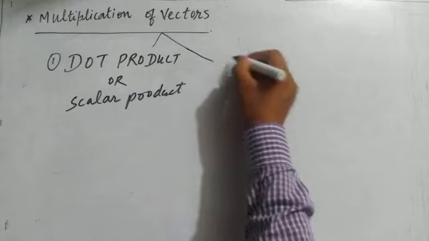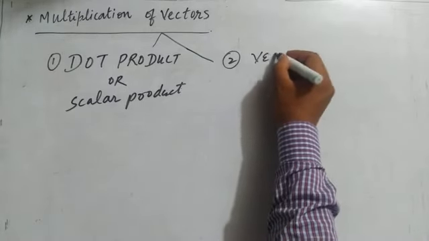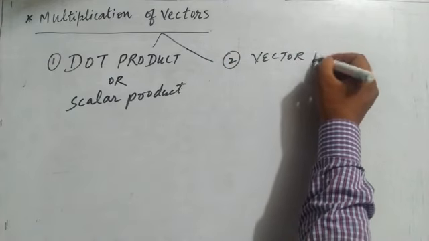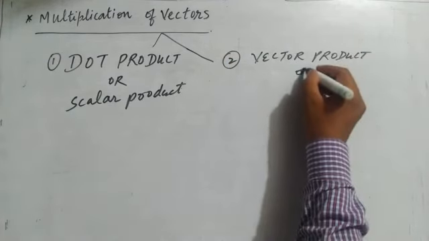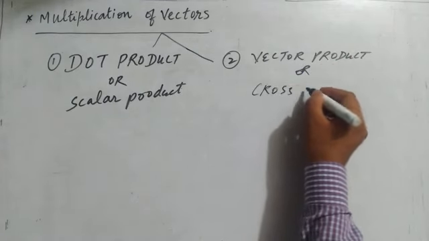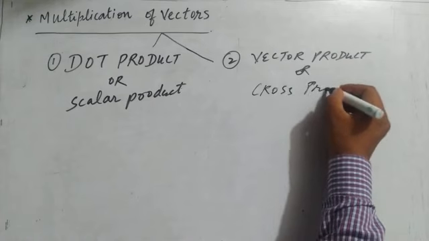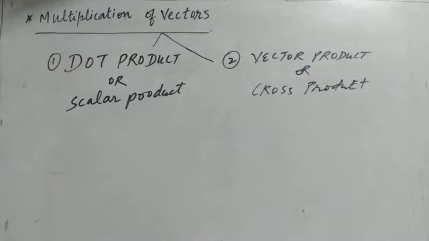The second one is vector product, or it is called cross product. Now we will discuss these two types of product one by one.